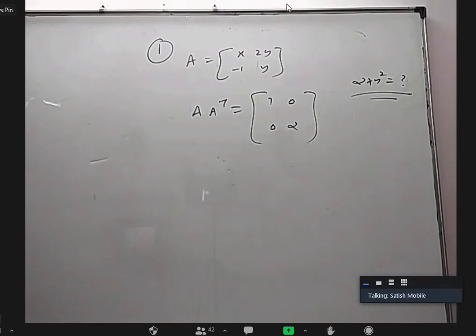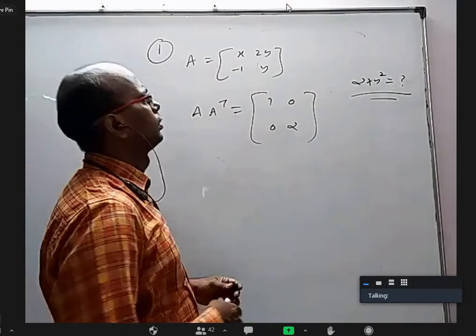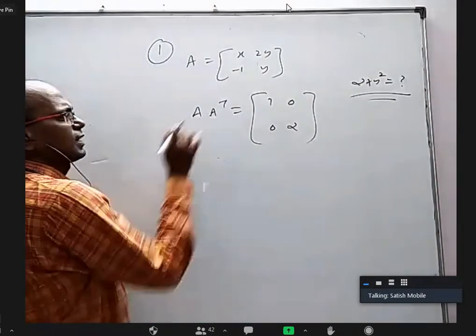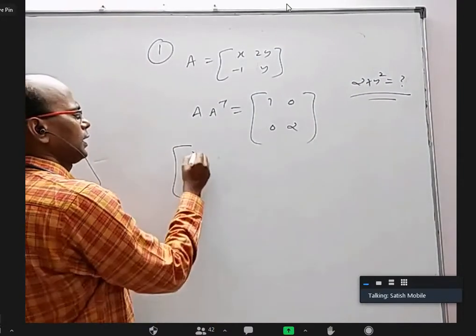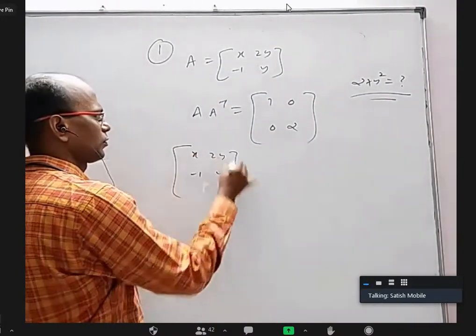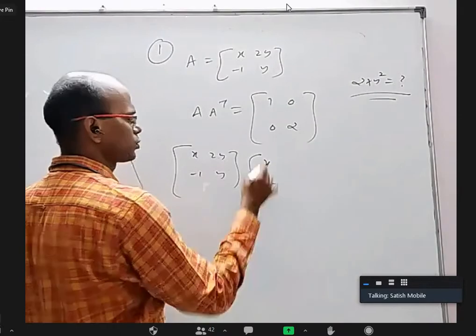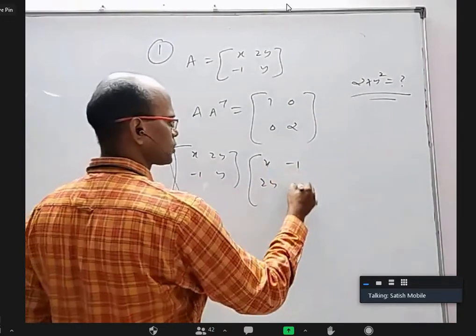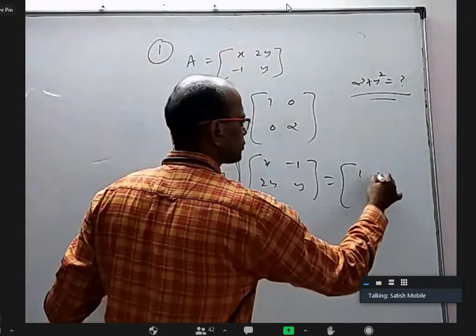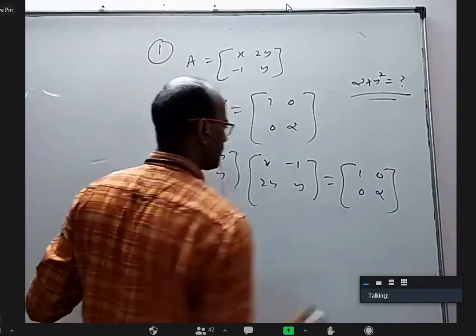Let me find A into A transpose. The matrix x, 2y, minus 1, y and its transpose, where the first row becomes the first column, equals 1, 0, 0, alpha.